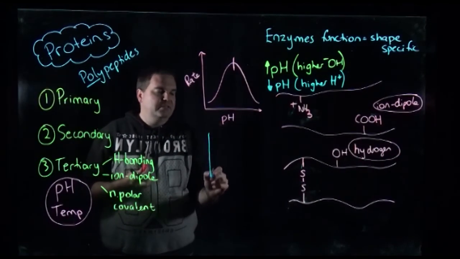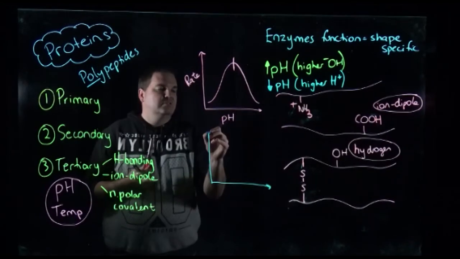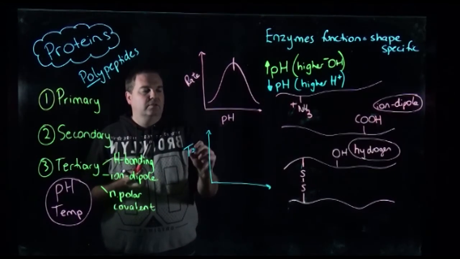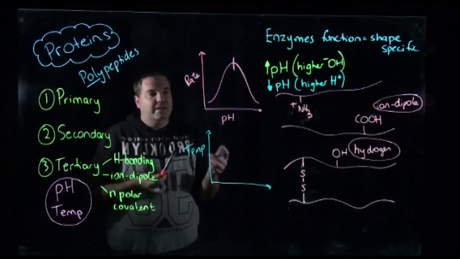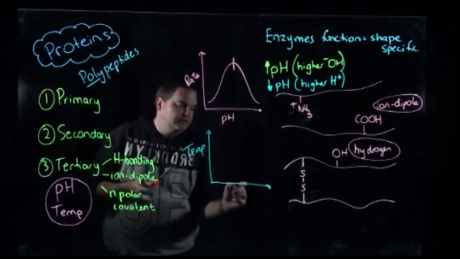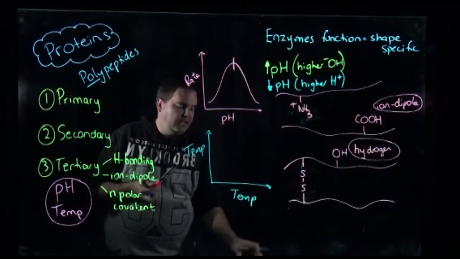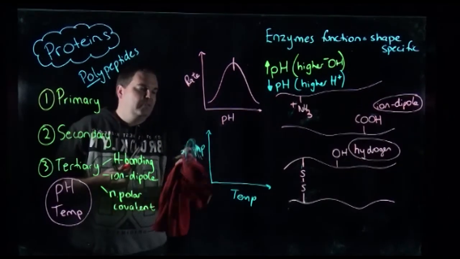Right? Temperature is a little bit different, because of the fact that you do completely denature your enzymes at a higher temperature normally. Temperature should be down here, and rate should be up here again.